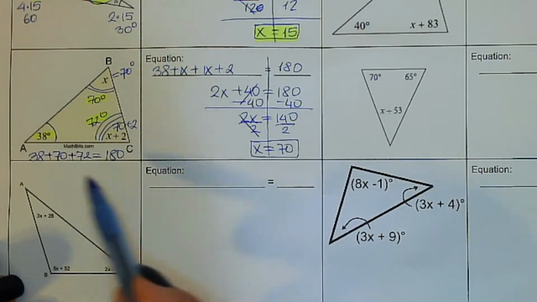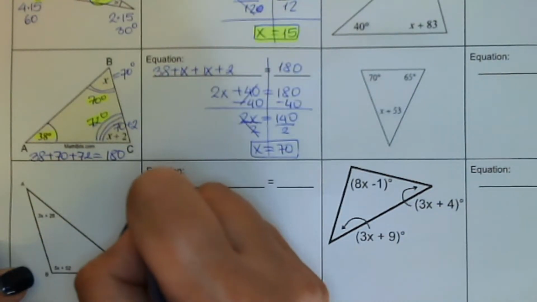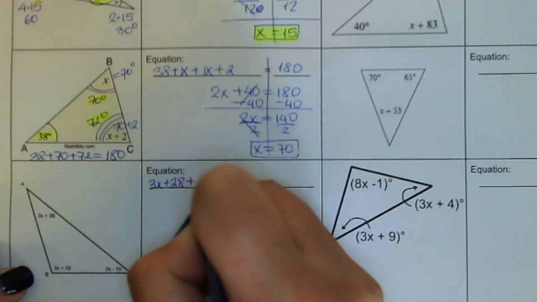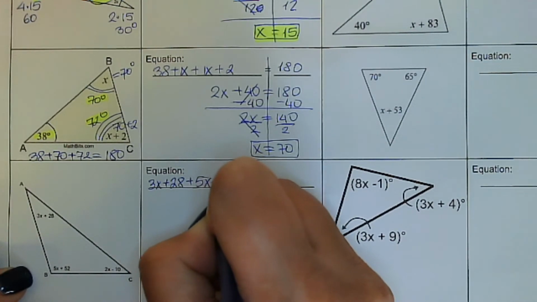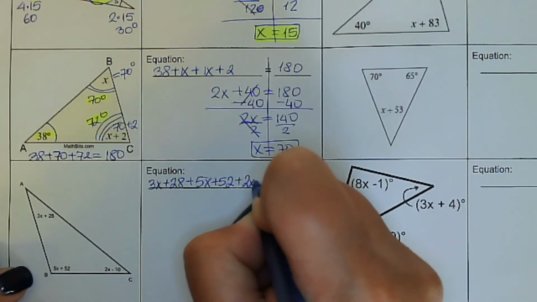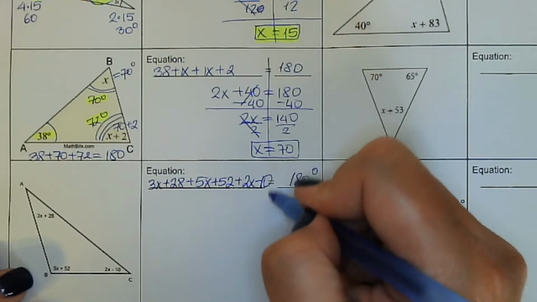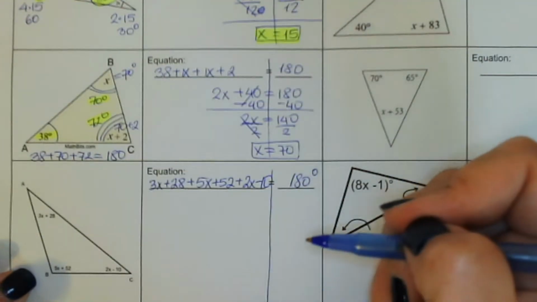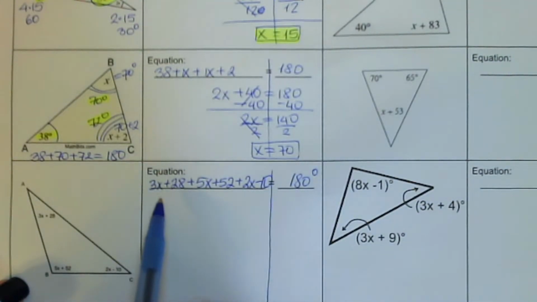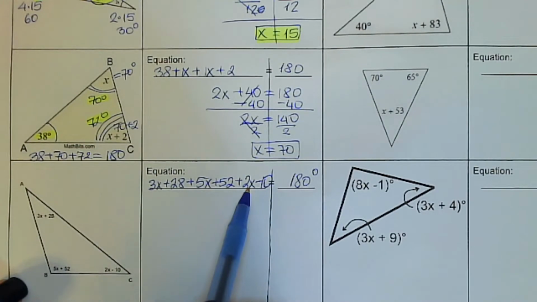And the last one for this side, I have 3x plus 28 plus the next angle, 5x plus 52 plus the next angle, 2x minus 10 equals 180 degrees. The sum of the angles inside the triangle always equals 180 degrees. 3x plus 5x is 8 plus 2.